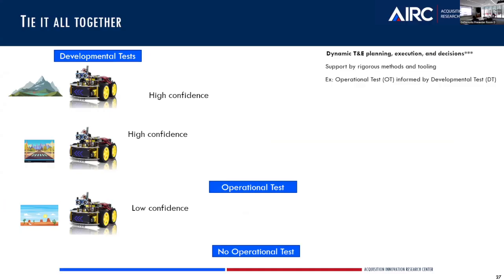Now, what should you test when you get to your operational tests? Based on policy, it's entirely independent. So you can basically retest all of these if that's what the operational test authority decides to do.